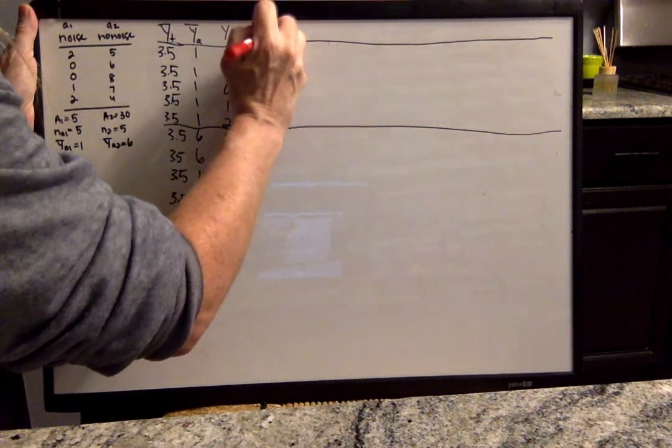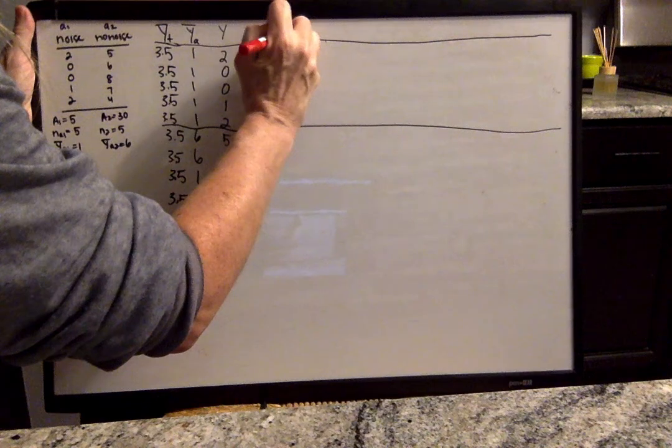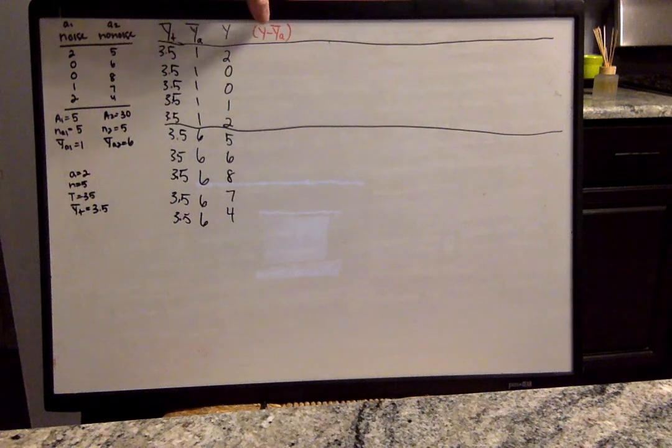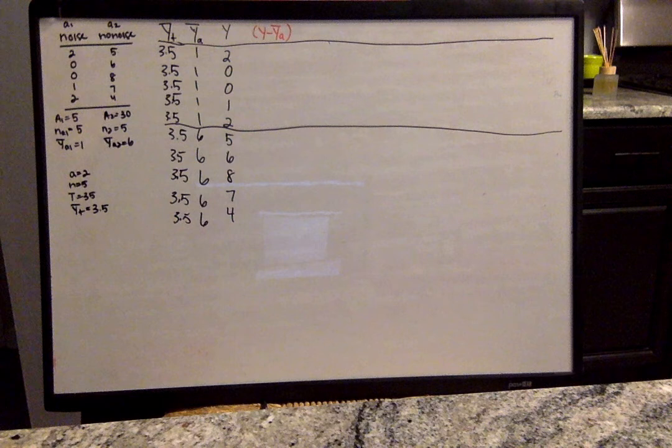The first thing that we're going to do, and this is going to be column 4, is take y minus y bar a. What we're doing here is taking each score and subtracting the mean of that group.